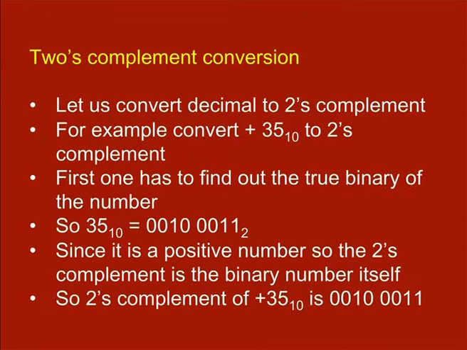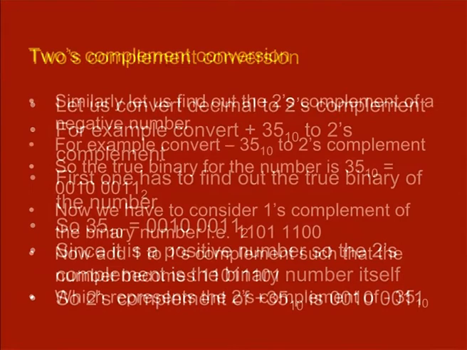If we take 35, then the true binary of the number is 00100011. Since it is a positive number, the 2's complement is the binary number itself. So, we can now represent 35 by the following 2's complement number, that is 00100011.